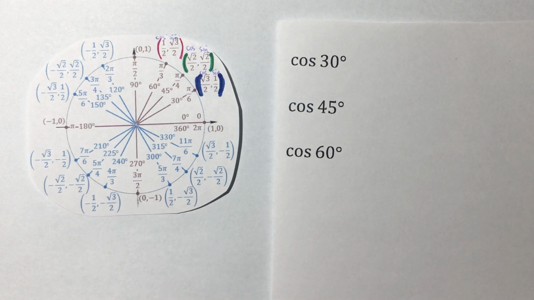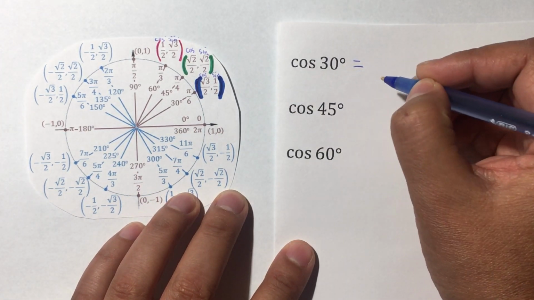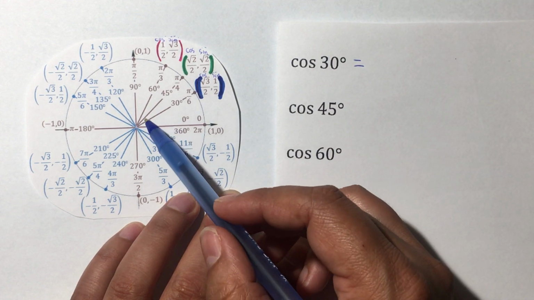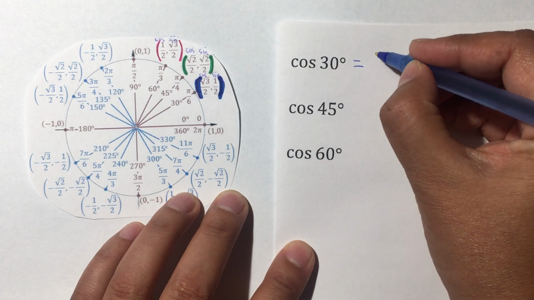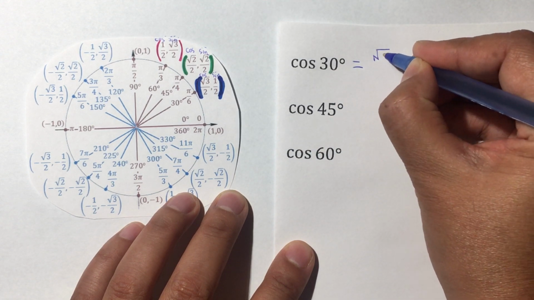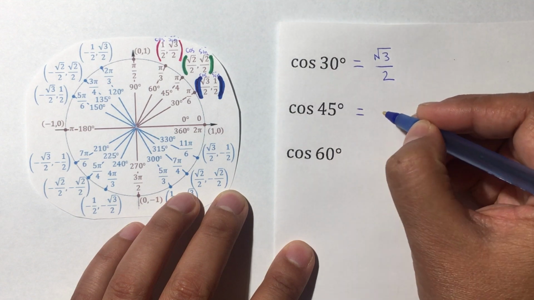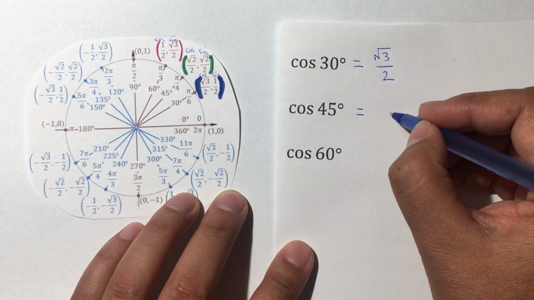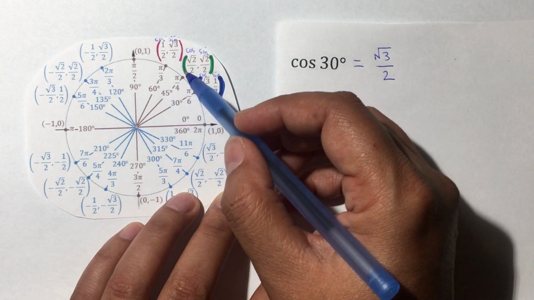Now let's go to our cosines. So cosine of 30-degree angle. You go to the 30-degree angle. The cosine is the first value, so it's going to be square root of 3 over 2. What is the cosine of 45 degrees? Oh, 45.